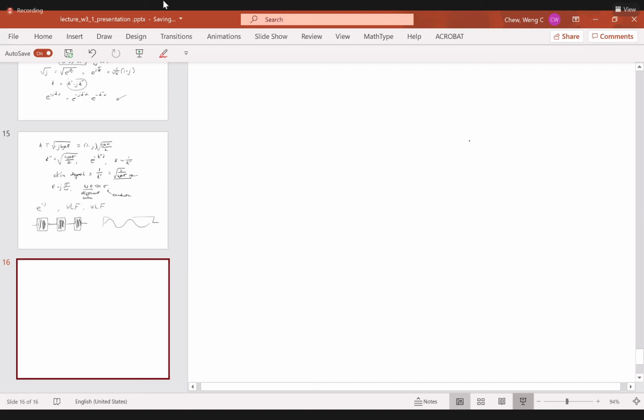But what happens is that this complex permittivity is given by this formula, which we can write as epsilon times 1 minus j sigma over omega epsilon. And what happens if you are in the other extreme where omega epsilon is much, much larger than sigma?